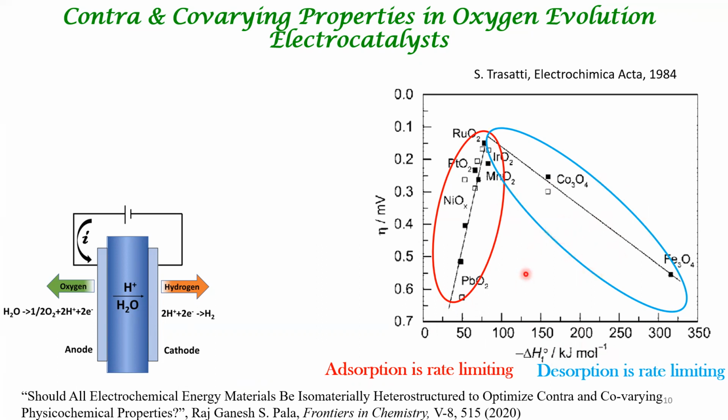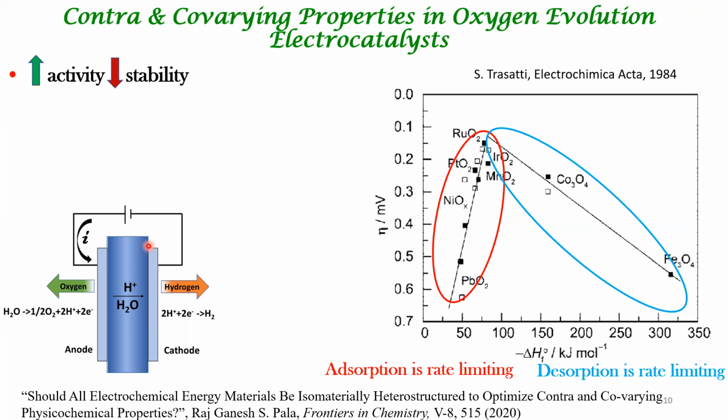Okay, so again, if you're not familiar with this, please look at this manuscript. So such design principles have been utilized for looking at electrocatalysts, especially oxygen evolution reaction and hydrogen evolution reaction, that is important in the design of an electrolysis unit.